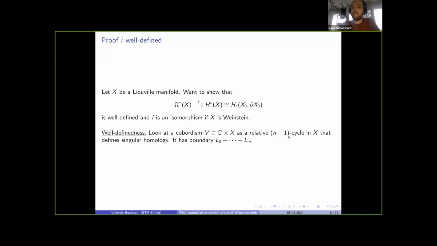It's an n+1 cycle with boundary an n chain, which, if you check carefully, is exactly the sum of the Lagrangian submanifolds as elements here. So yeah, you get the relation that you want. So this already proves well-definedness.